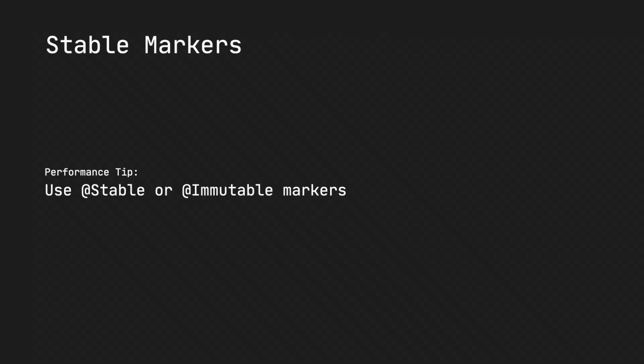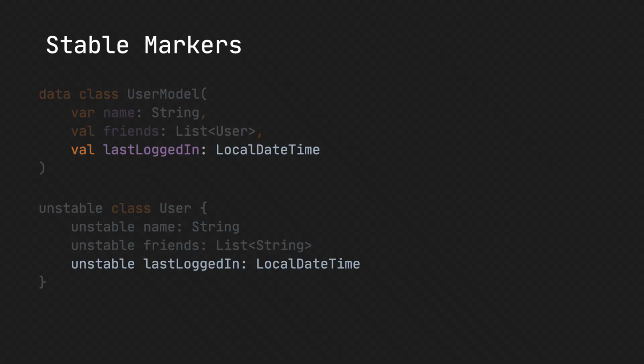One performance tip I have, if you're using external types, is to use these annotations, and the compose compiler plugin goes in and looks for these annotations when it's determining stable or unstable. So for example, over here, one way I could handle this is by using the @Stable annotation on this type.